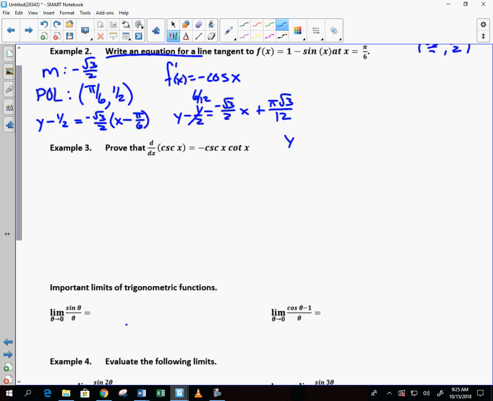And I get y is equal to negative root of 3 over 2x plus pi roots of 3 minus 6 over 12. Whoop, plus 6. So that's my y-intercept. That's nice and pretty.